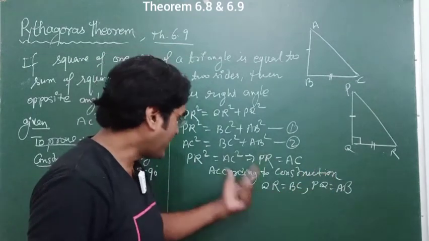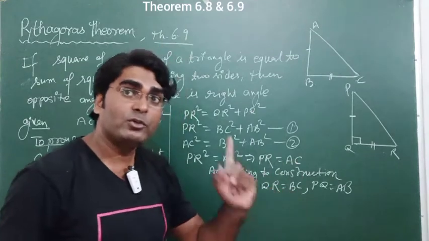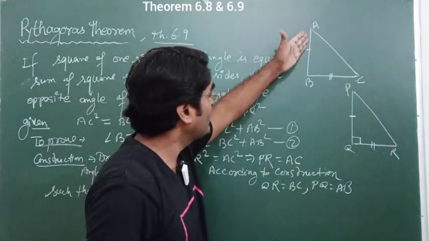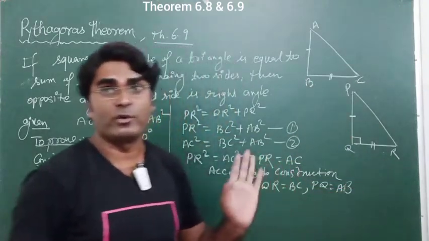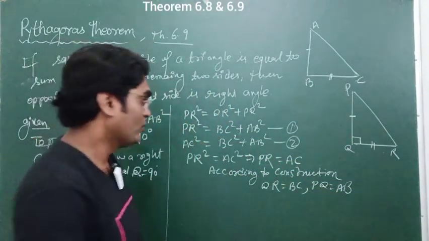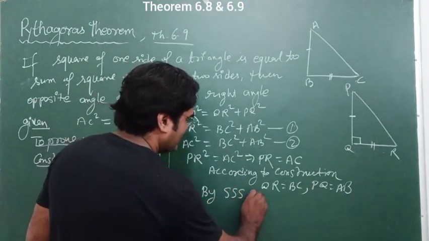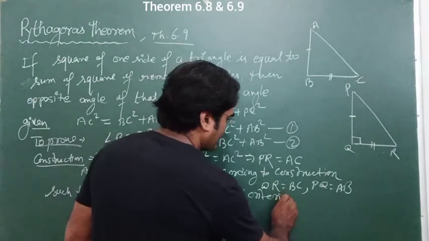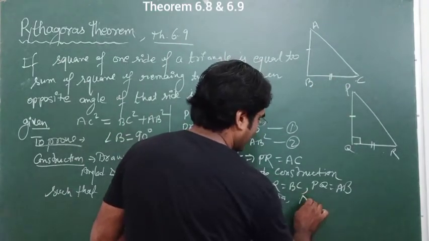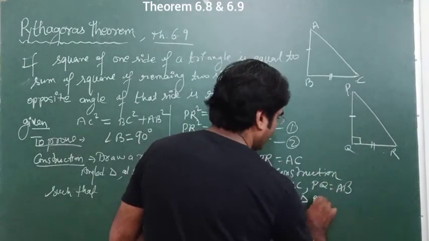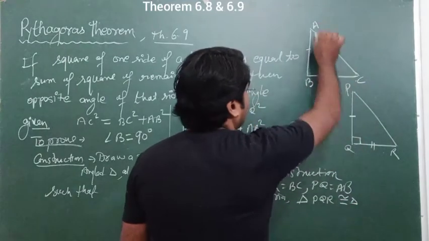Why? Right now you just proved PR is equal to AC, and according to your construction AB is equal to PQ and BC is equal to QR. So by the SSS criteria, triangle PQR is congruent to triangle ABC.